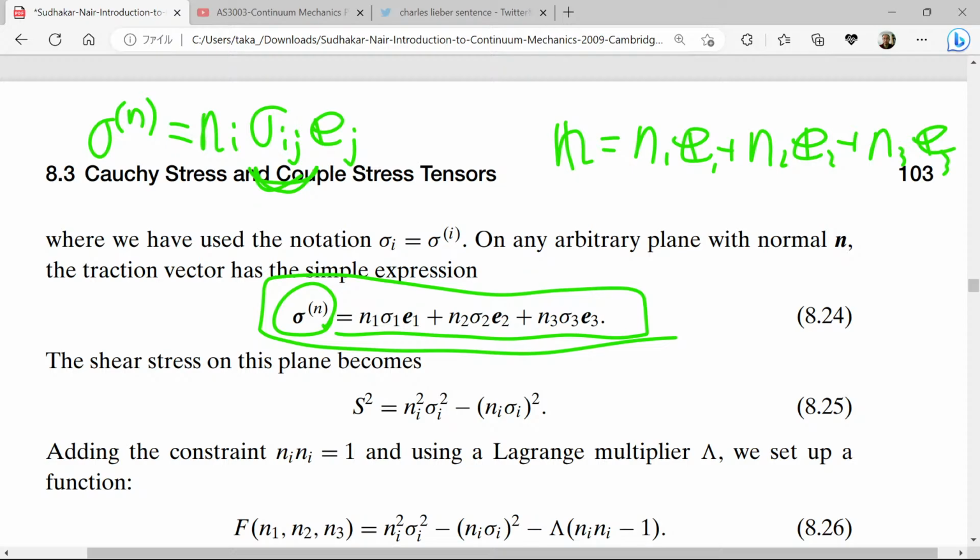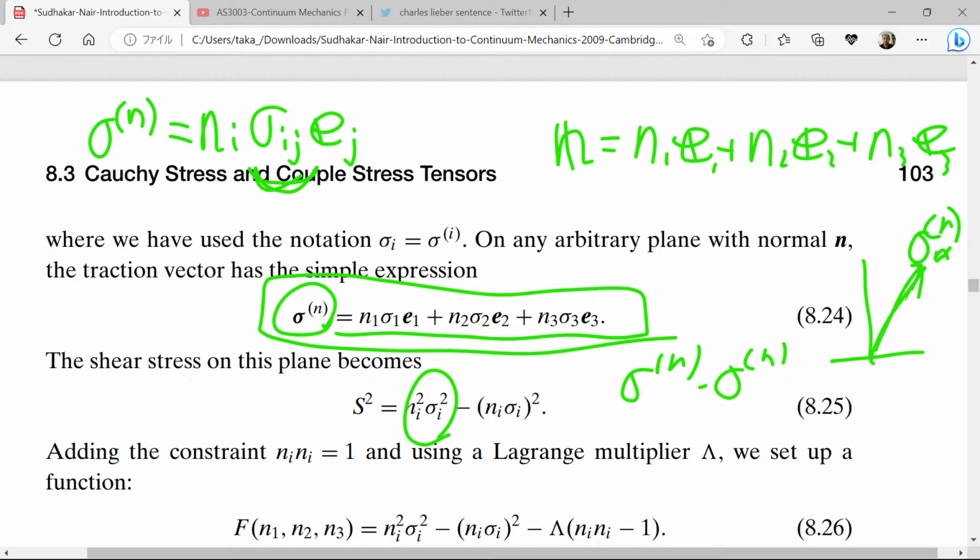Shear stress. This one is okay. This one is just sigma n dotted sigma n. You have here sigma n. So you just need a square of this length. The other thing is this projection. If you have n here, so this should be like n.